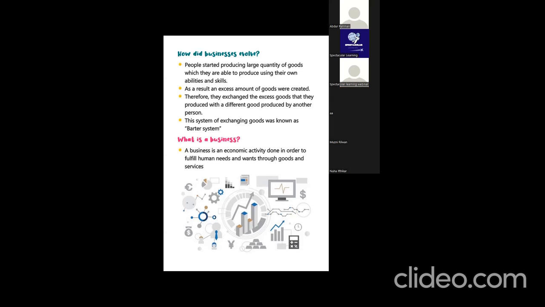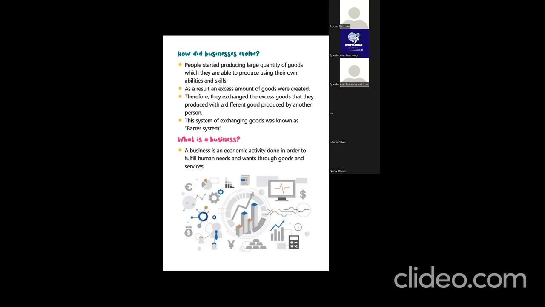I hope you understood how business evolved from the past. Now let us see what a business is. A business is an economic activity done in order to fulfill human needs and wants through goods and services. It is a financial activity, conducted in terms of money.